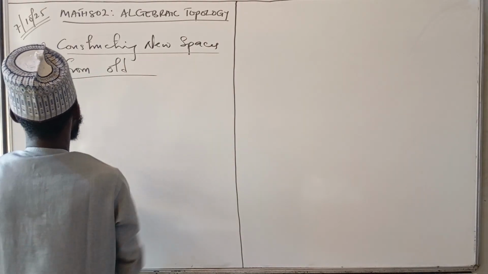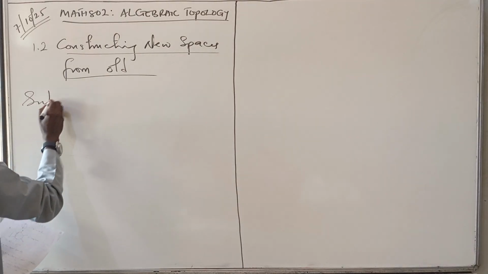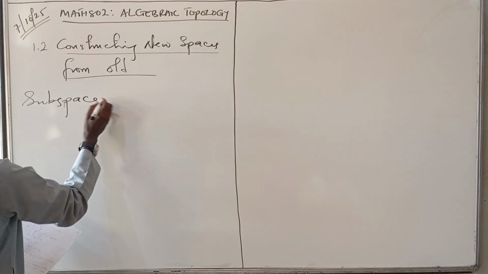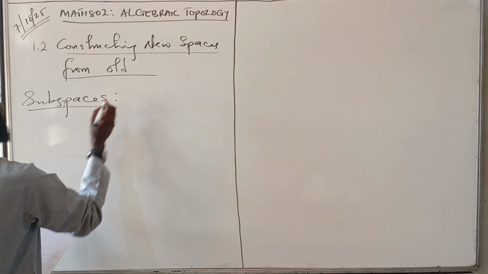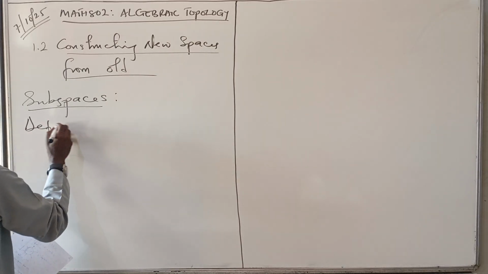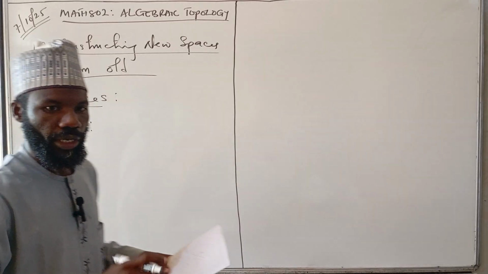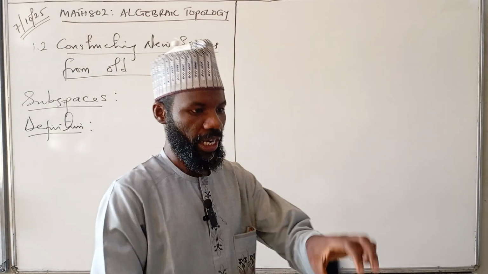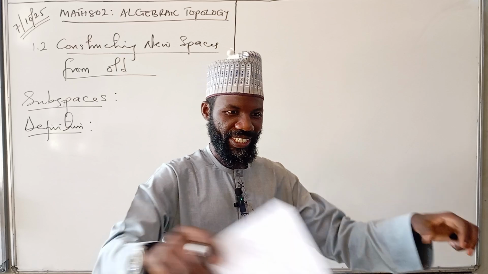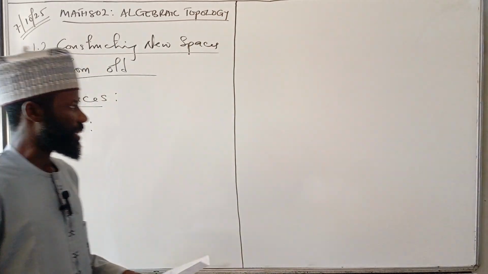The first construction is that of a subspace. If you have a space, you can talk about subspaces, so you can have many spaces existing within a space.